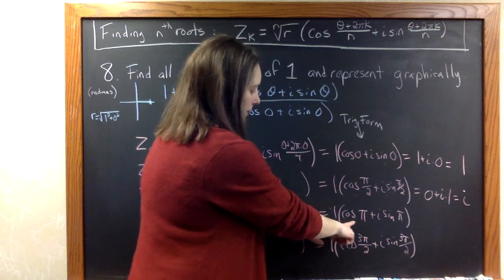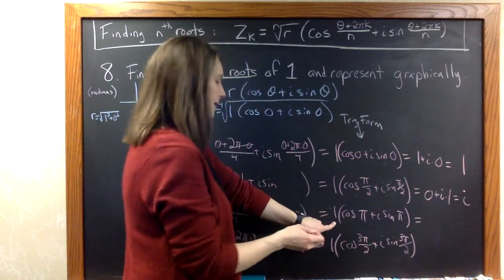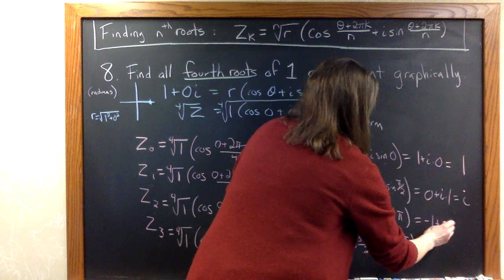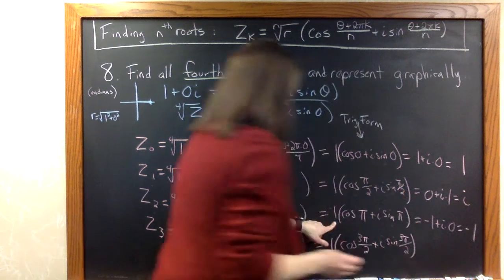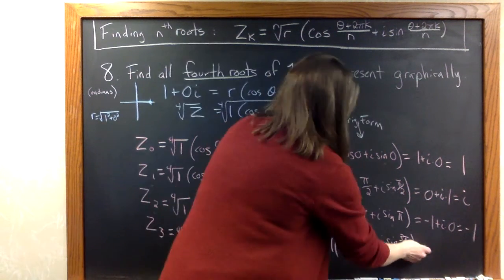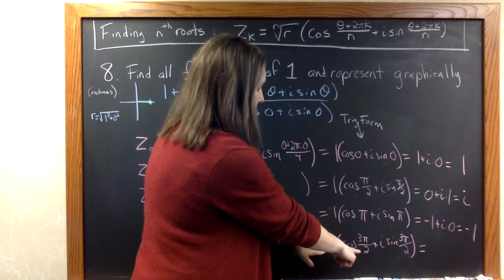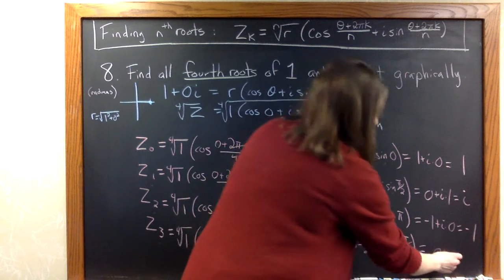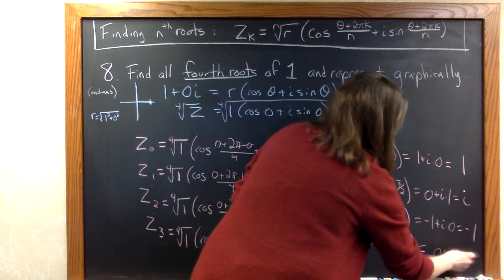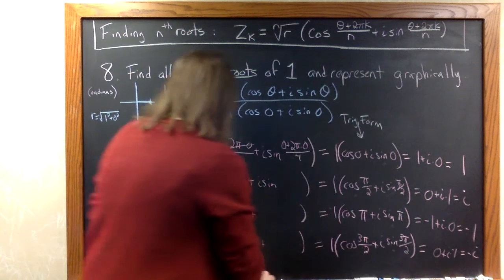We're going to evaluate this one. Cosine of pi is negative 1. Sine of pi is 0. And the last one, cosine of 3 pi over 2 is 0. Sine of 3 pi over 2 is negative 1. So negative i.